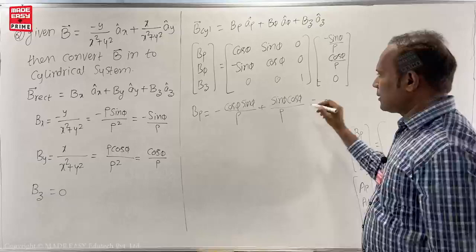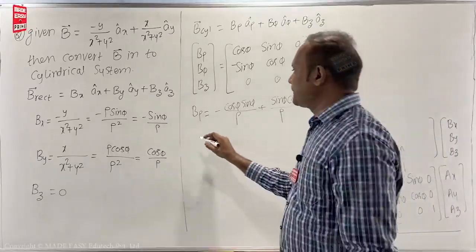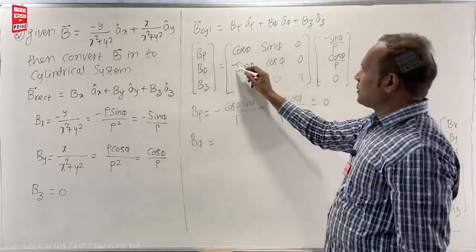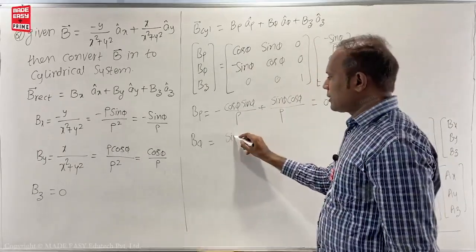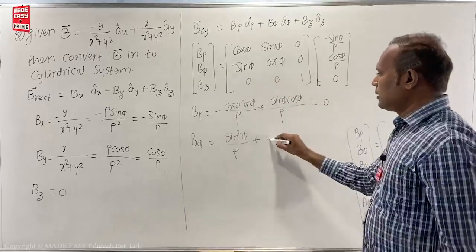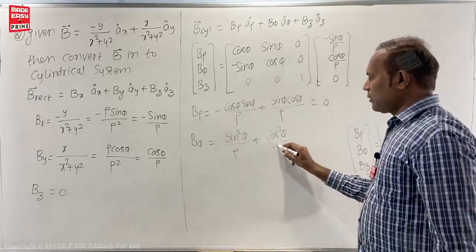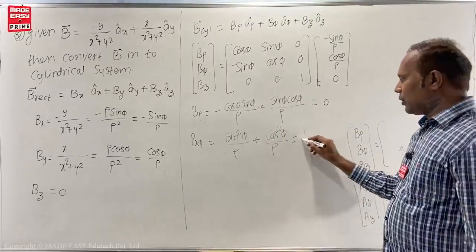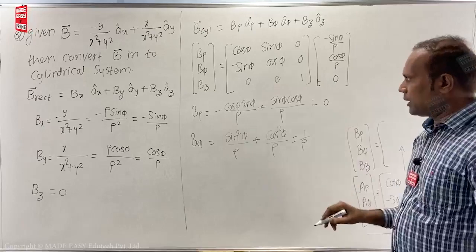So this becomes 0. Now b phi is equal to this multiplied with this, so minus into minus plus, so sin square phi divided by rho, then this into this cos square phi divided by rho, so sin square plus cos square, 1 by rho you pull out, then that becomes 1.